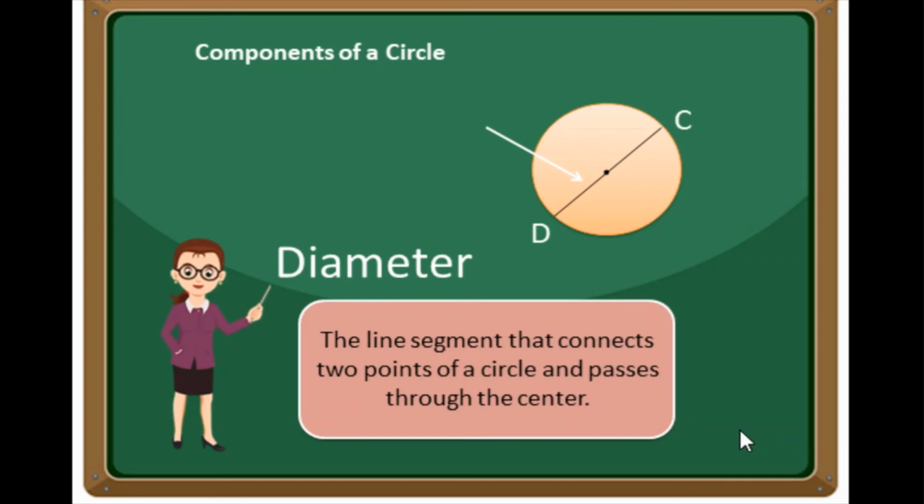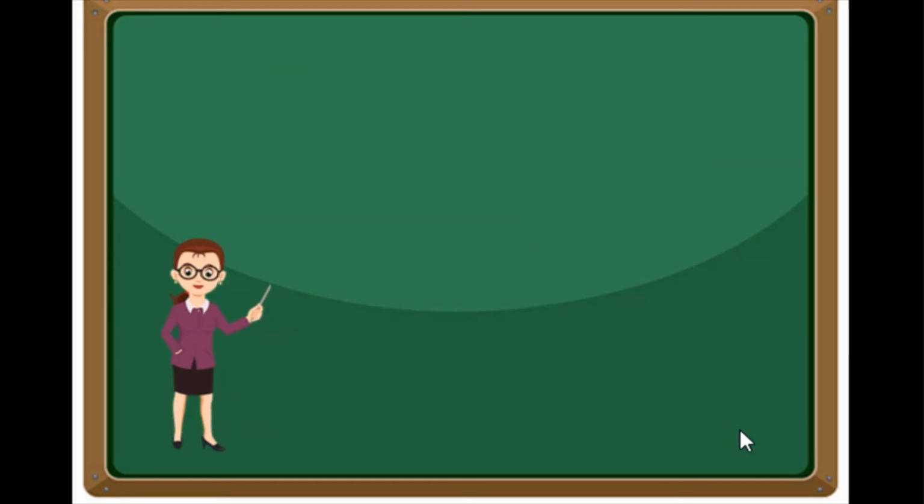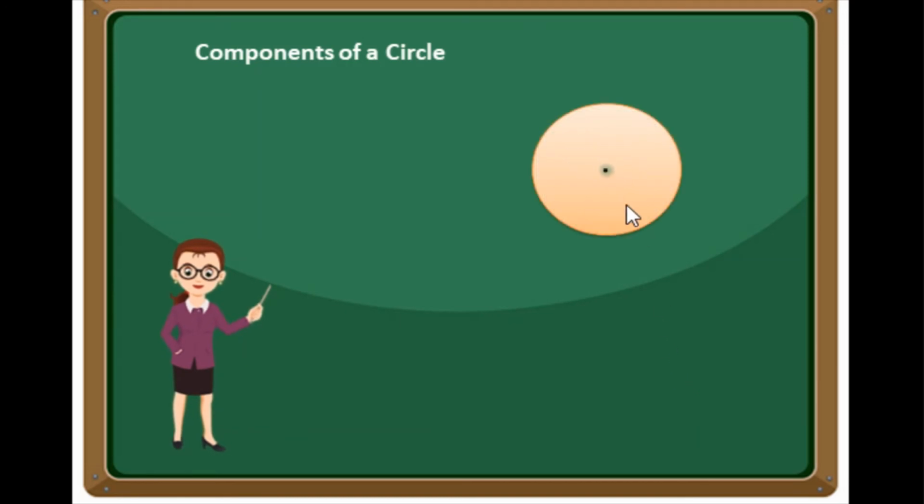Alright, it's the third component already. Now, let's move to the fourth component. The fourth component of a circle is when the center and another point meets each other. This is what we call radius.